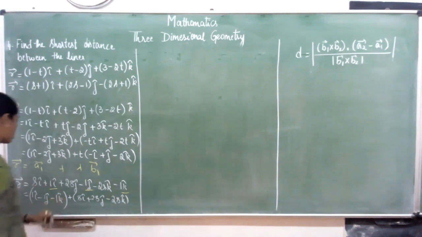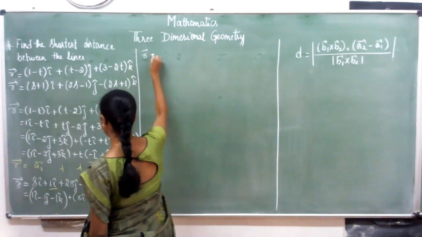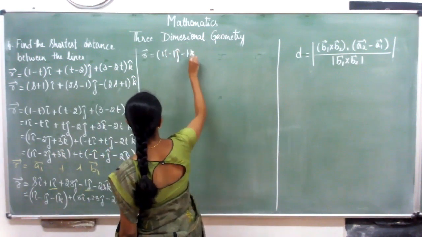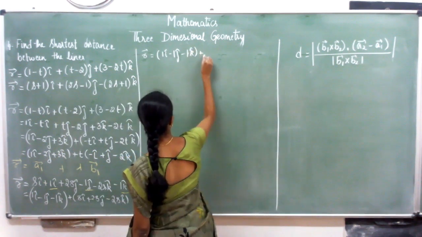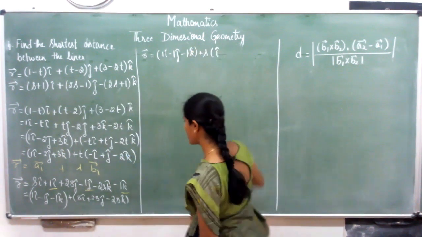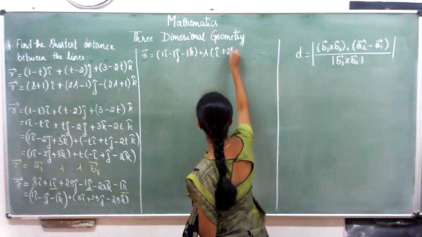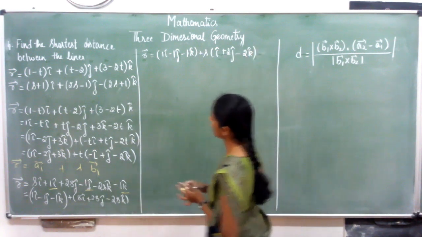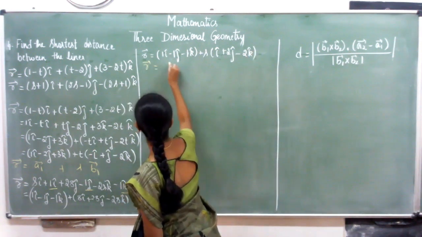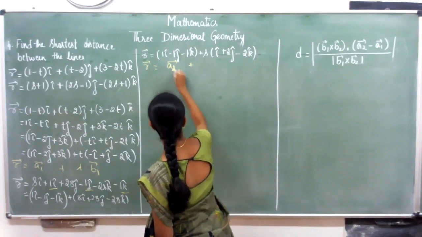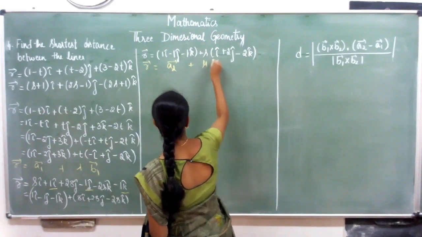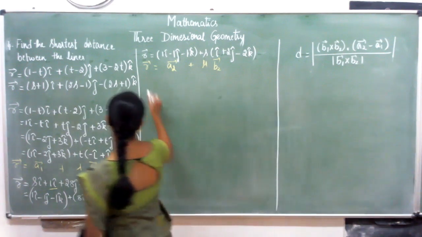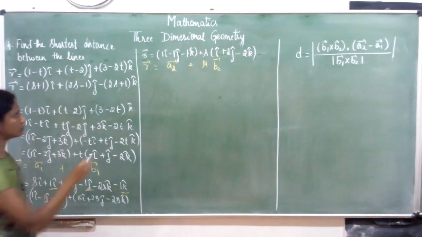What you should do next? You should take s common. So vector R will be given by 1 i cap minus 1 j cap minus 1 k cap, then taking s common, we get i cap plus 2 j cap minus 2 k cap. So even our second equation got reduced to the form vector R is equal to vector A2 plus mu times vector B2. So from this, we know our vectors A1, A2, B1, B2.